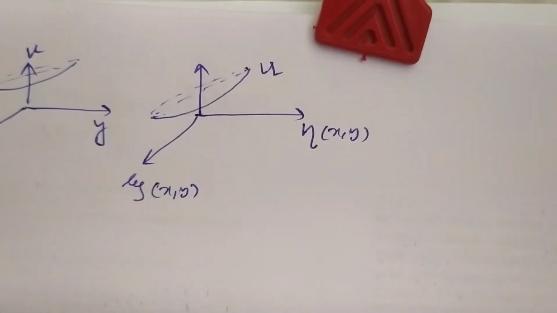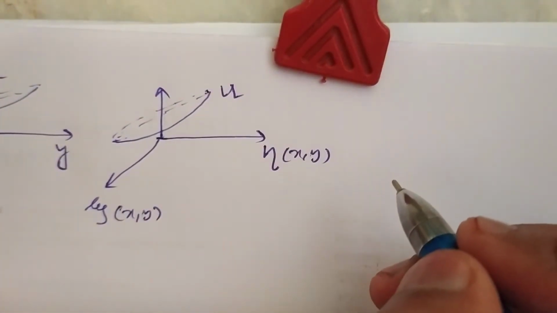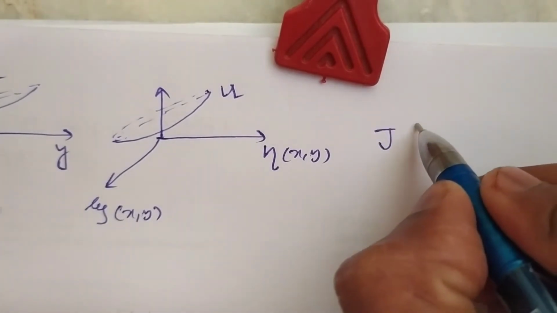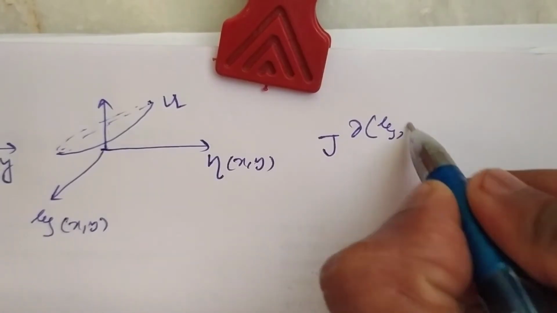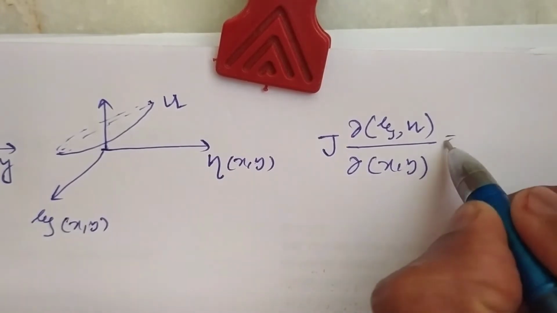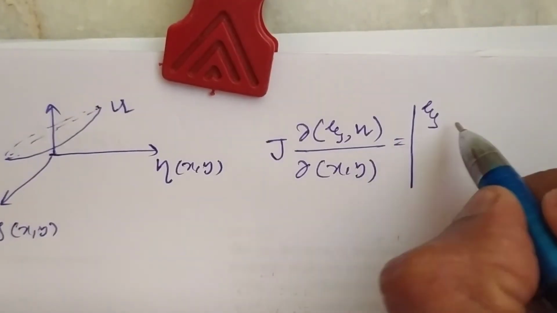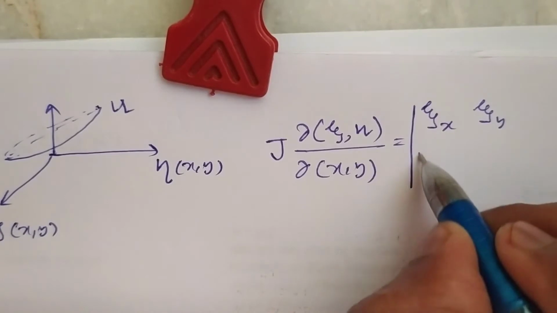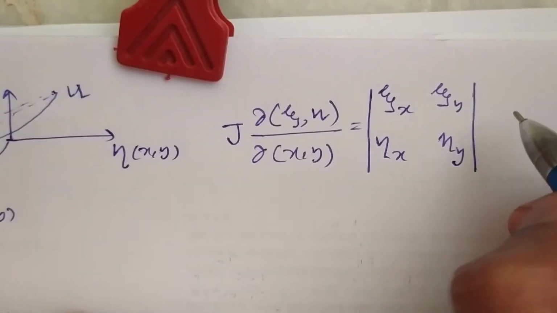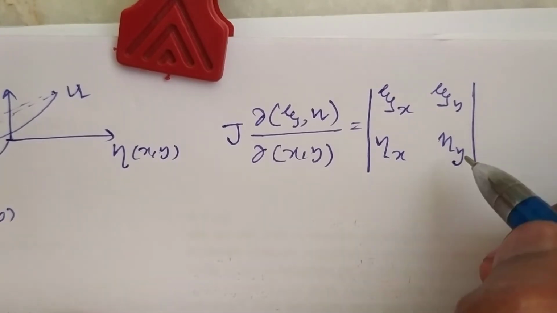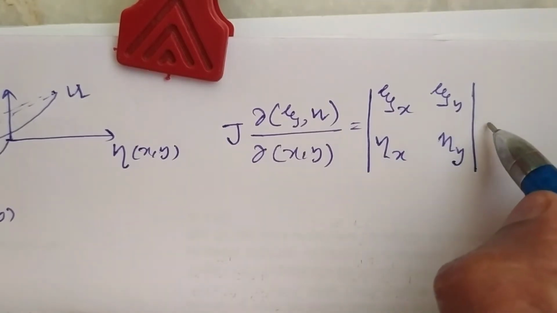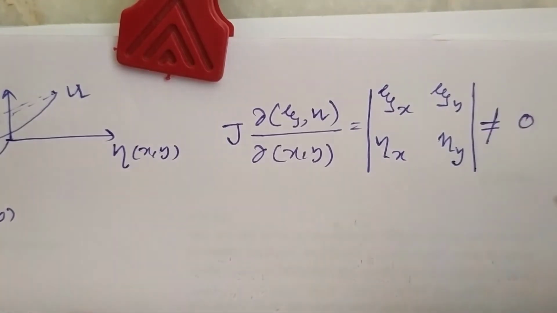To do that, we have to check that xi and eta must be continuously differentiable, and the Jacobian of them, that is del(xi, eta) over del(x, y), that is the determinant of xi_x, xi_y, eta_x, eta_y, where these suffixes mean that you are taking the partial derivative with respect to that variable, and this should not be equal to 0.